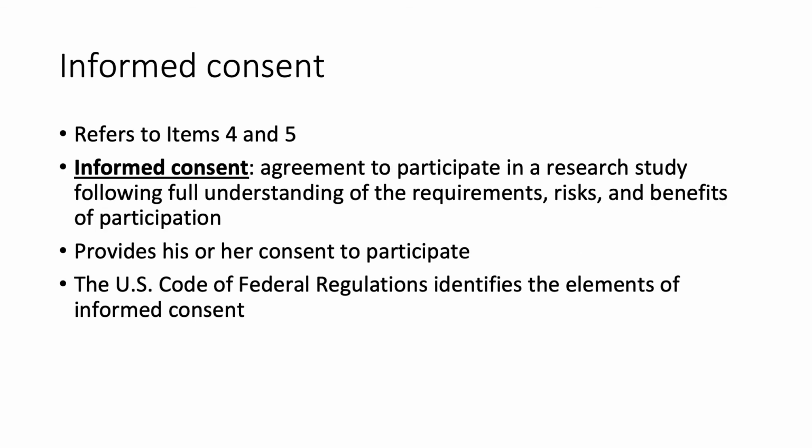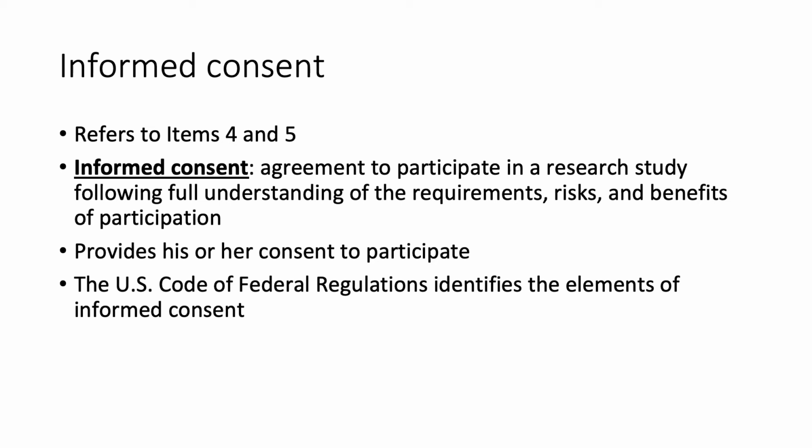Items 4 and 5 are part of the criteria list that are the concept of informed consent. Informed consent is an agreement to participate in a research study following full understanding of the requirements, risks, and benefits of participation. So this is where the individual provides his or her consent to actually participate.